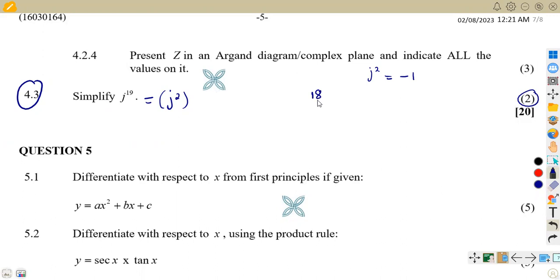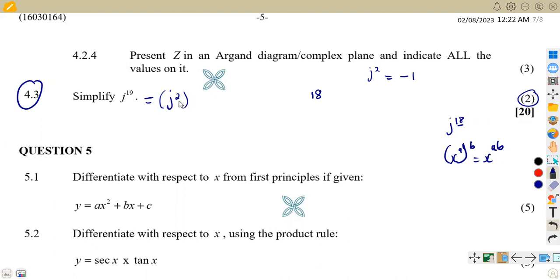But we must separate this 18 that we have. Because of the 2, it was supposed to be j to the exponent of 18 directly, guys. But we want to separate j to the exponent of 18 in terms of j squared. So this is going to be j squared, then you divide, because from your laws of exponents, x to the exponent of a, to the exponent of b, is the same as x to the exponent of ab.